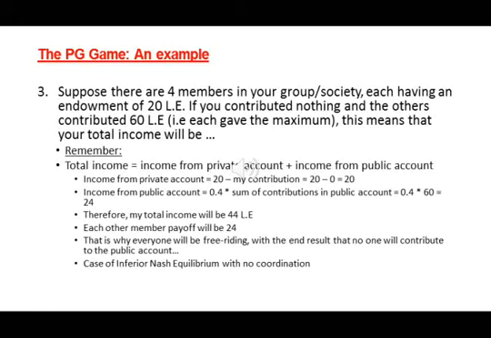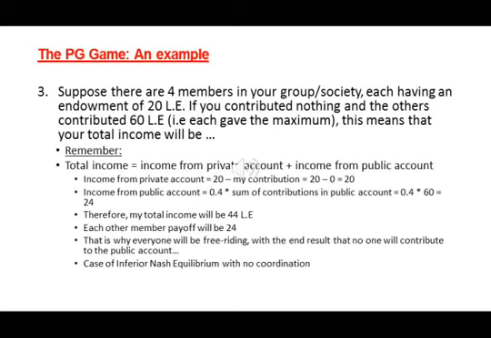This means that your total income will be the following. Again, it is equal to your income from your private account, which is 20 minus your contribution, and your contribution in this case is 0. So you are keeping £20 in your private account, plus the income that you will be getting from the public account. Even if you free ride, you will still be getting 0.4 times the sum of the contributions in the public account, which is 0.4 times 60 equal 24.